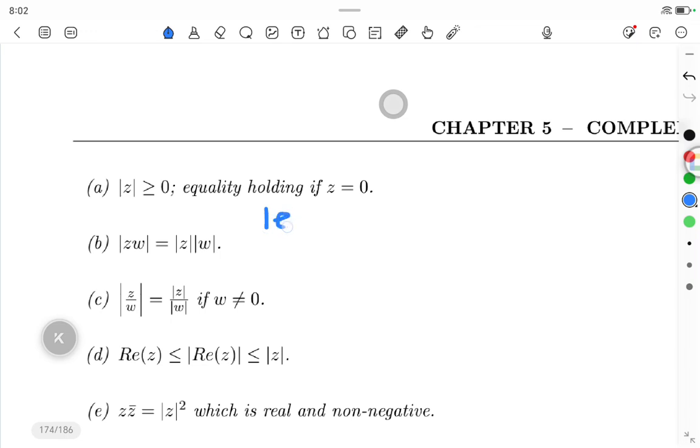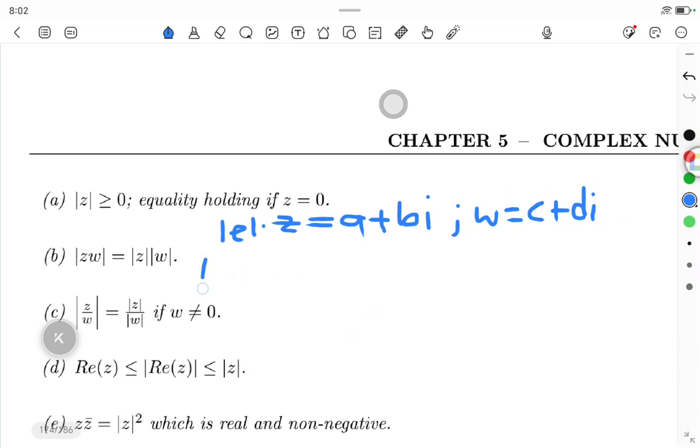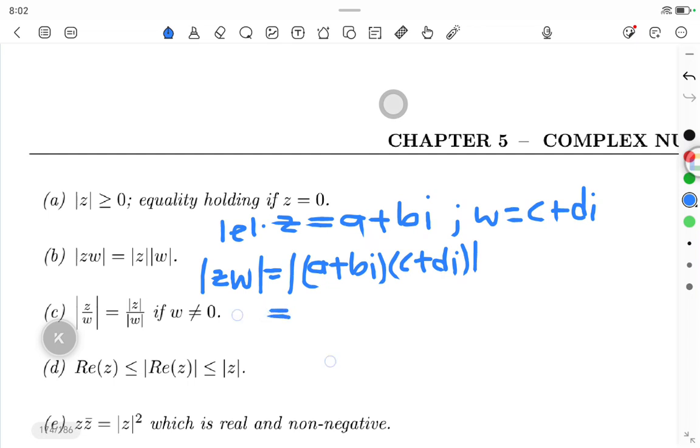We're going to let z be equal to A plus BI and W be equal to C plus DI. Then we say the absolute value of ZW is equal to, now here's something that we should know. If I come here, I'm going to first say A plus BI times C plus DI, put the modulus, and this is going to be inside.